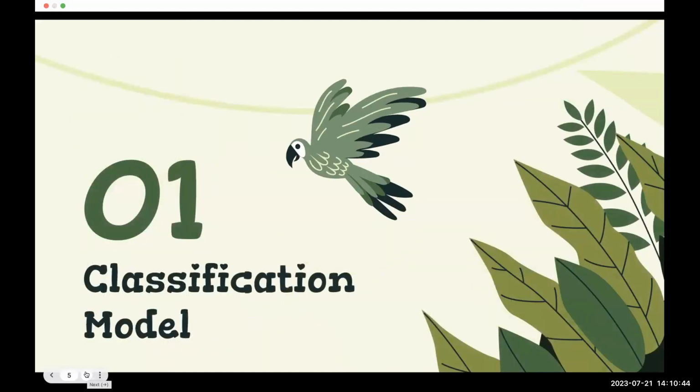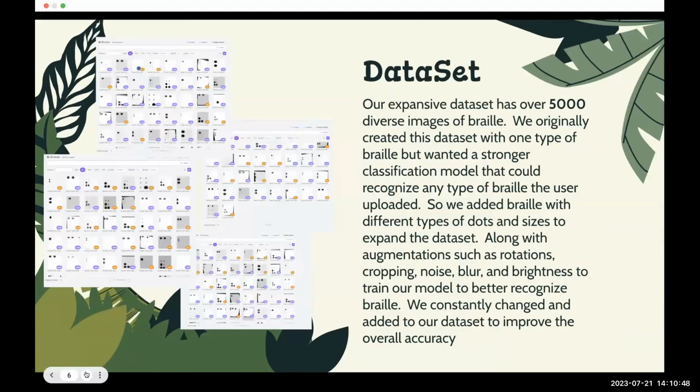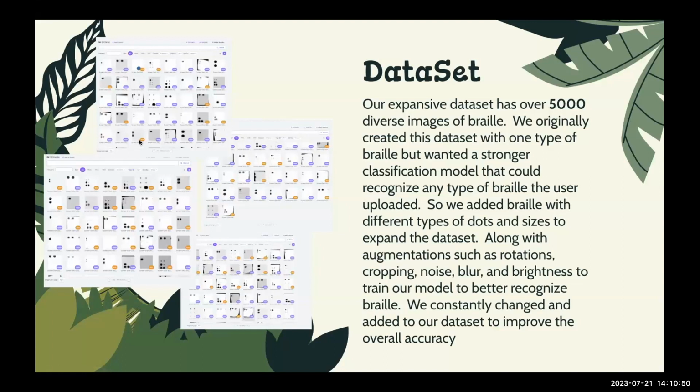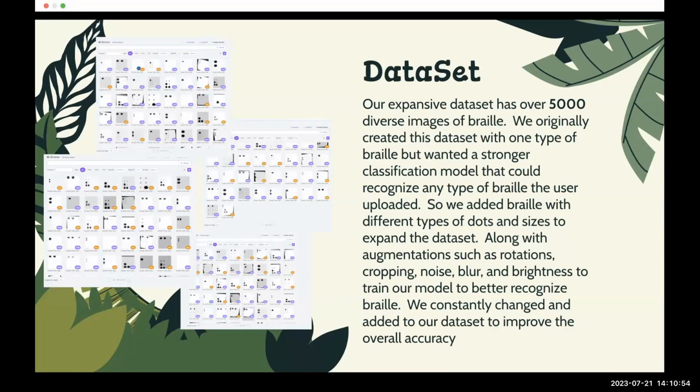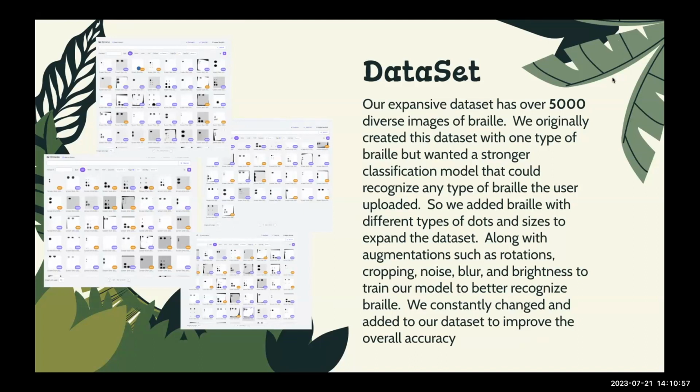Okay, let's get into our actual model. So we made a data set that has over 5,000 images of Braille, and they're pretty diverse, but originally we only had one type of Braille. And we noticed that when we tried to put it through our model, it made it harder for any other types of Braille to be recognized since we really only had one specific type.